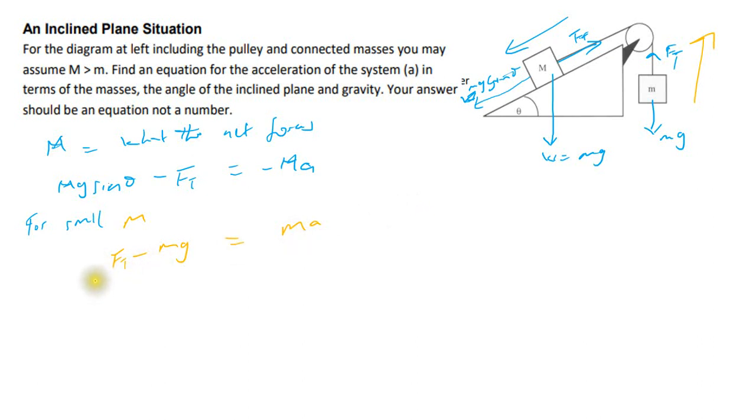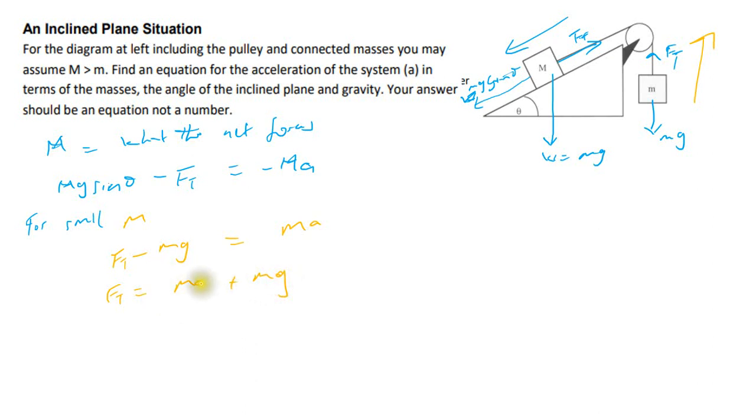So by way of looking at this, we have this equation here. We can make Ft the subject. So by making Ft the subject, Ft is equal to ma plus mg, right? And that's when we make Ft become the subject.